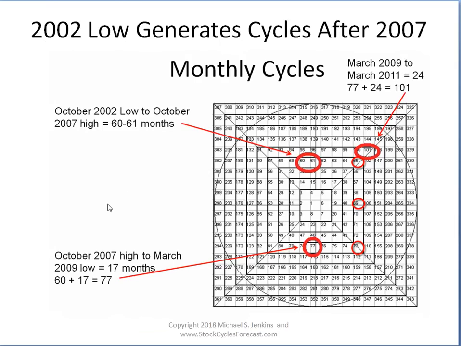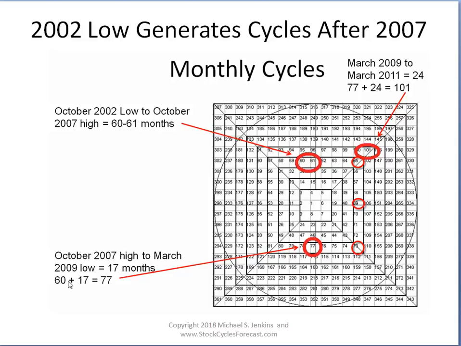To give a very quick example of how you might want to use this, we see that the October of 02 low to the October of 2007 high was exactly 5 years, or 60 months. And as we got to 60 or 61, we were coming up to this cardinal point straight up at 61. And then from that top in October of 07, the market declined until March of 09, 17 months later.